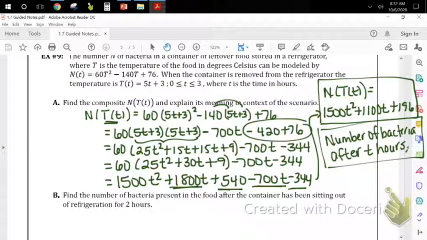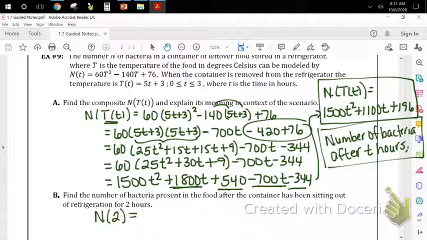All right, B says, find the number of bacteria present in the food after the container has been sitting out of refrigeration for 2 hours. That's really probably how we should have worded it: the number of bacteria present in the food after the container had been sitting out of refrigeration for t hours. But now we know that little t is going to be 2. So we're looking for N of 2.